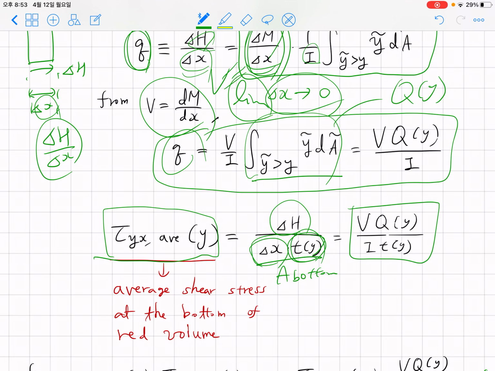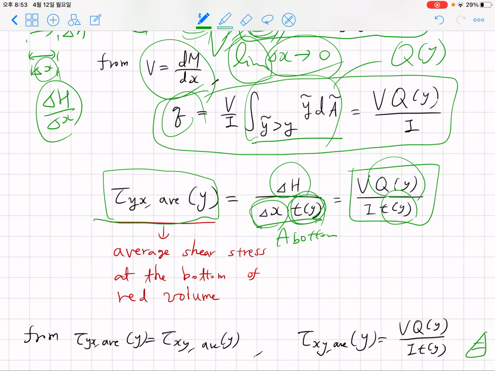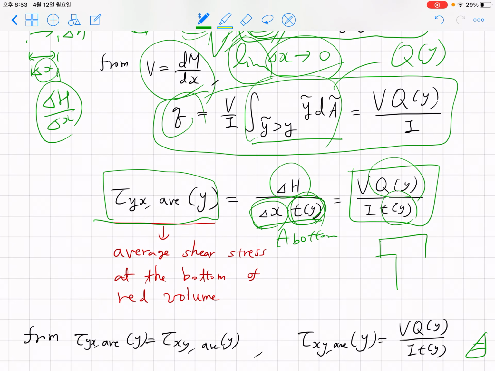Of course Q and T are functions of position, because if you think about an I-beam kind of shape, depending on your y, Ty can be large here and small here, so you're going to have different thickness T. And regarding Q, when you take y here, it will be your Q integral. When you take y here, your Q integral will include a much larger cross-sectional area.